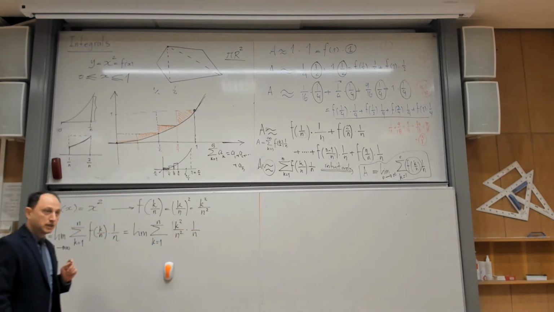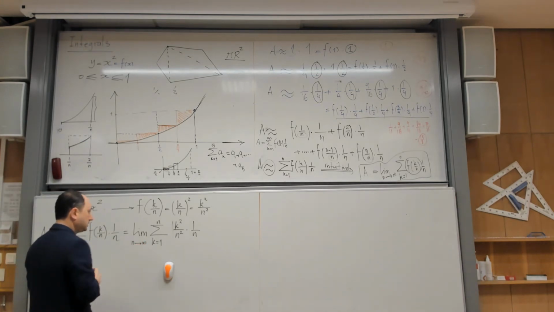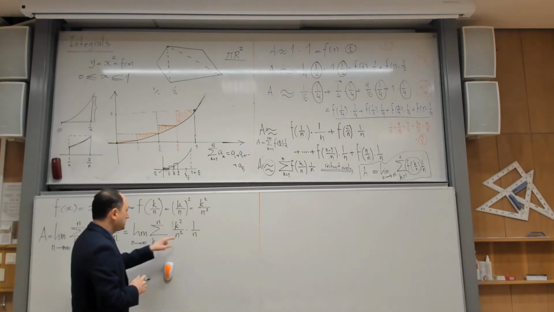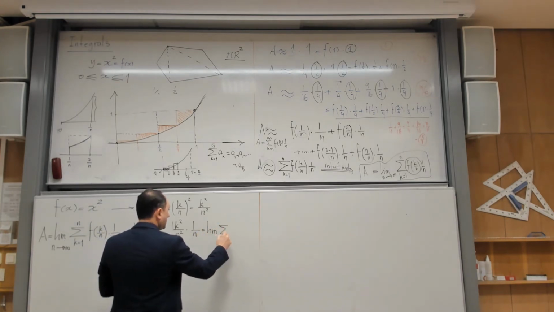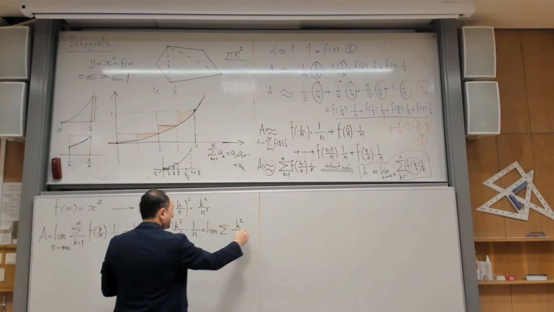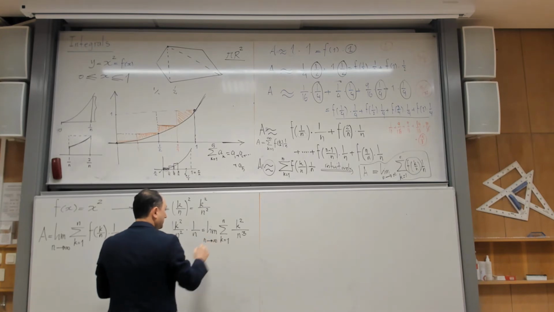Yes? And then n goes to infinity. I multiply this by that, so this becomes the limit of sigma k squared divided by n cubed, k goes from 1 to n, but n is supposed to go to infinity at the end.